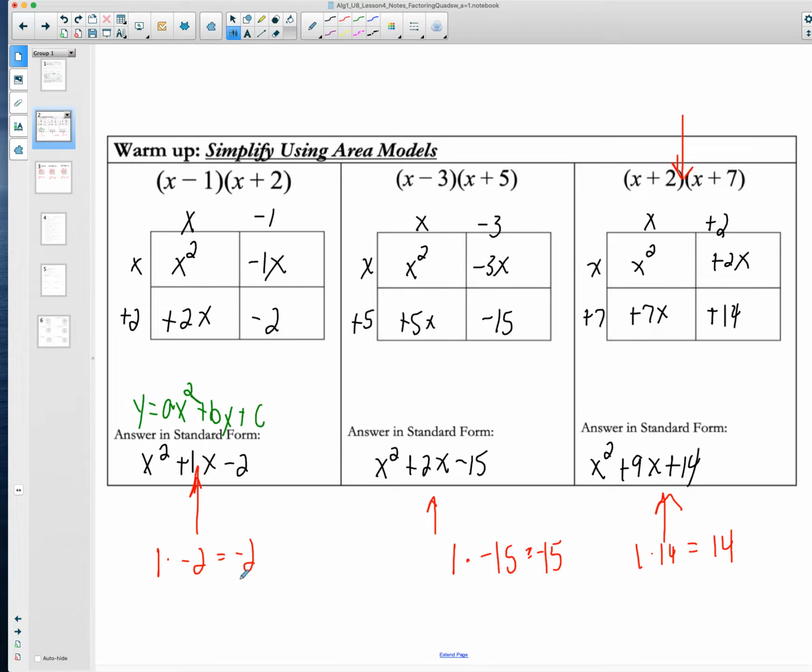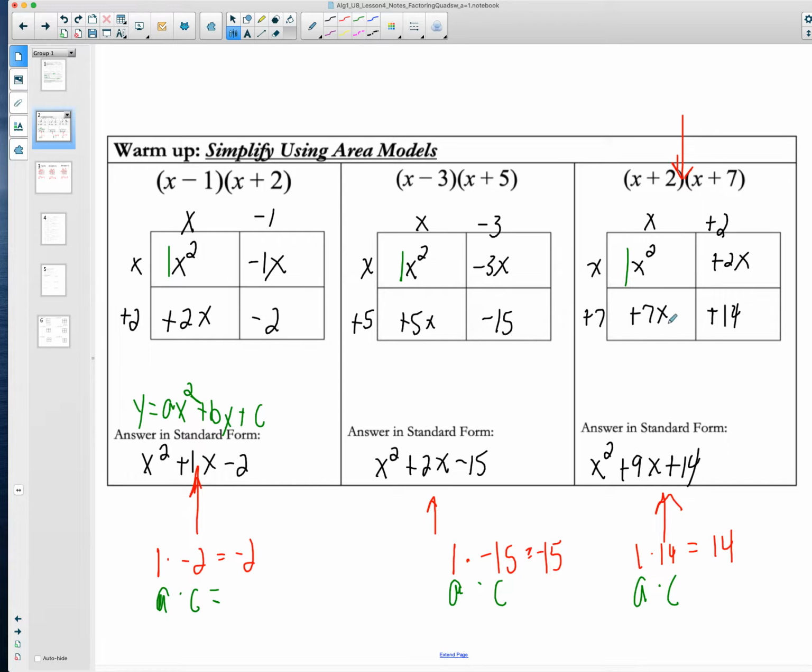So this number we're getting here every time is a times c. In this case, all we're working with today is what happens when that a value is 1. So you can see a times negative 15. That's a times c.